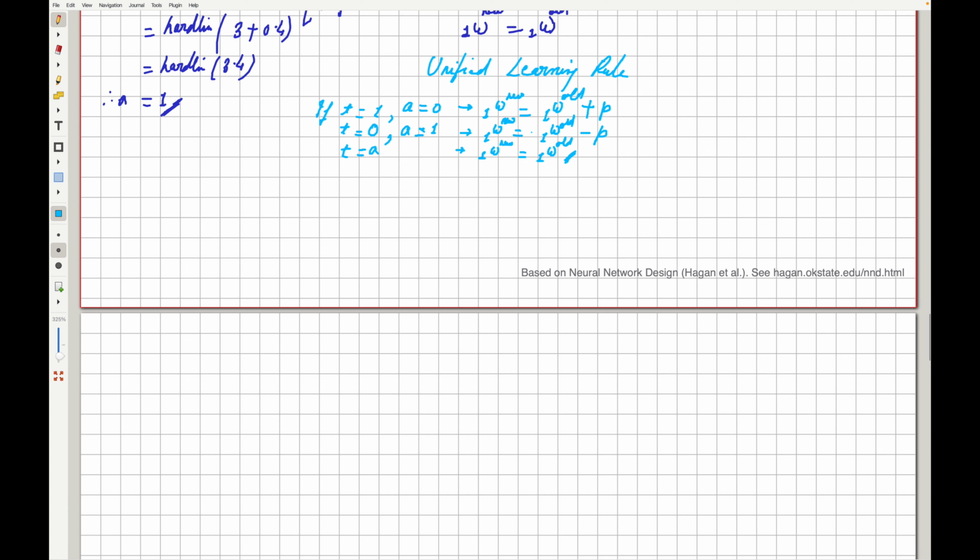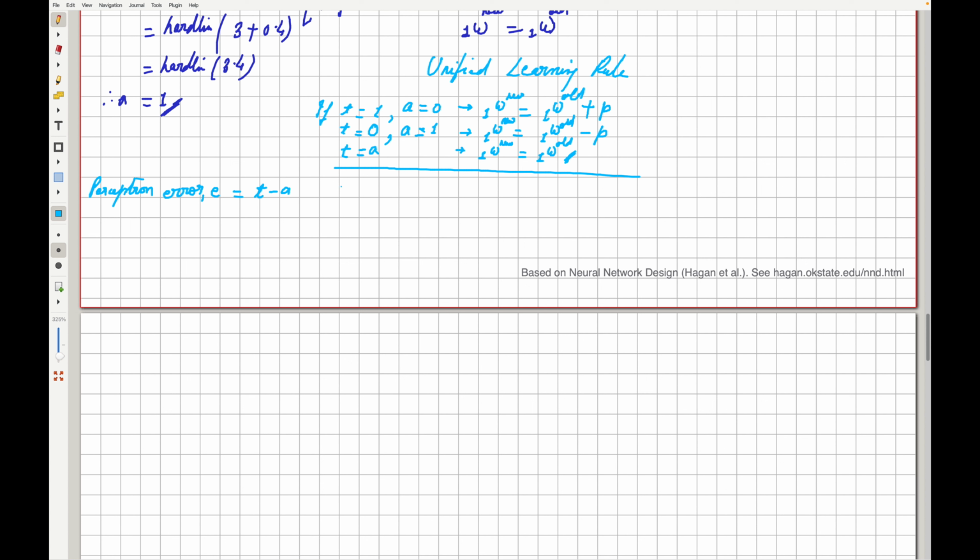In all of these cases, the way we can formalize this is we can say here that E, which is the perceptron error, is equal to T minus A, where T is the target that is given to us, the correct ground truth class for that data point, and A is what the network calculates in that iteration.